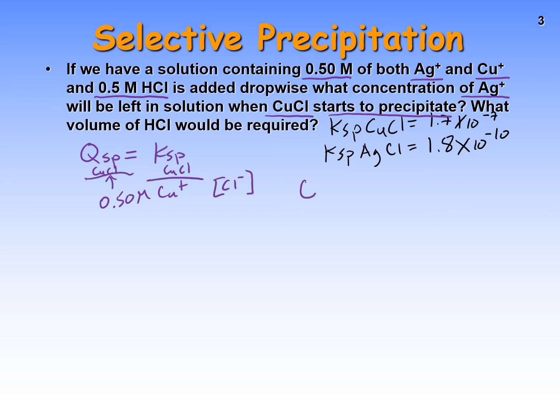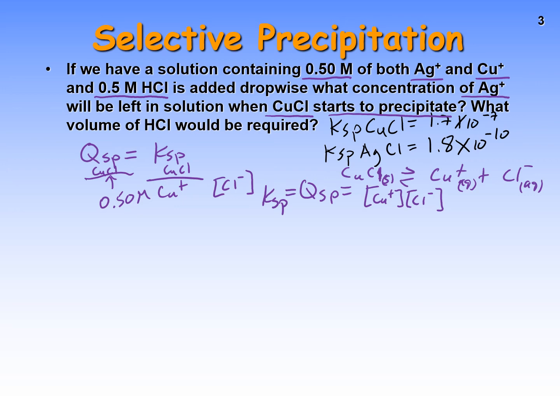So I go, okay, well, QSP is equal to, because my equilibrium CuCl solid goes to Cu plus Cl minus, both aqueous. Well, I know QSP is going to be equal to the copper plus concentration times the Cl minus concentration. And at this point in the system, QSP needs to be equal to KSP because that's when it will first start precipitating.